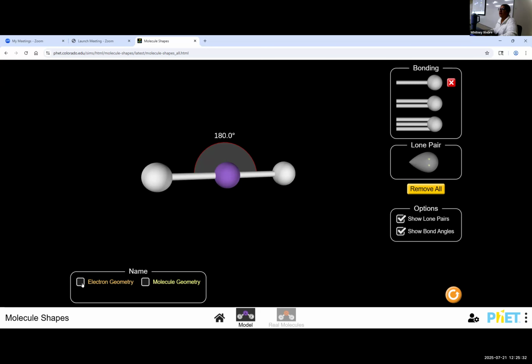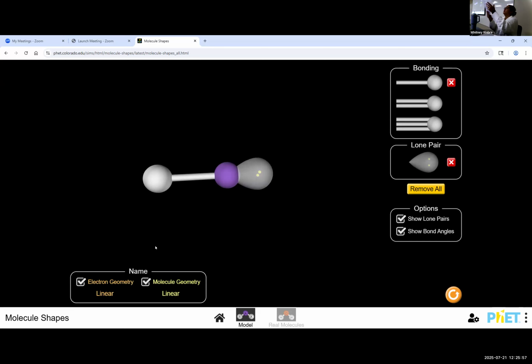If I was to click down here for the electron geometry, the electron geometry is how many things are attached. So if it's only two things attached, it's always going to be linear. So yeah, like a Q-tip, very straight line. Molecular geometry will change if I start to take these off and replace them with lone pairs. But in this case, if there's always two, it's going to be linear. So if you see in the first column or underneath all of these, you can see the shape names.